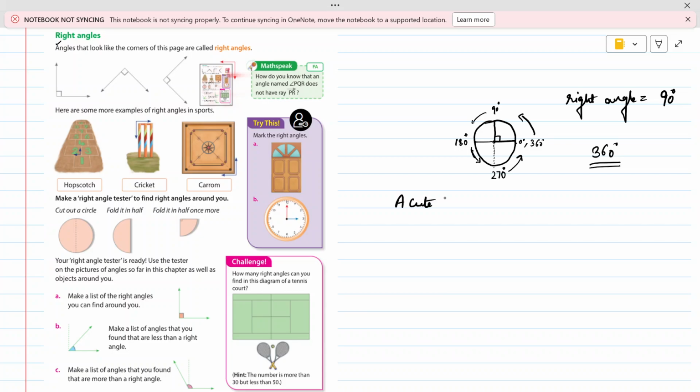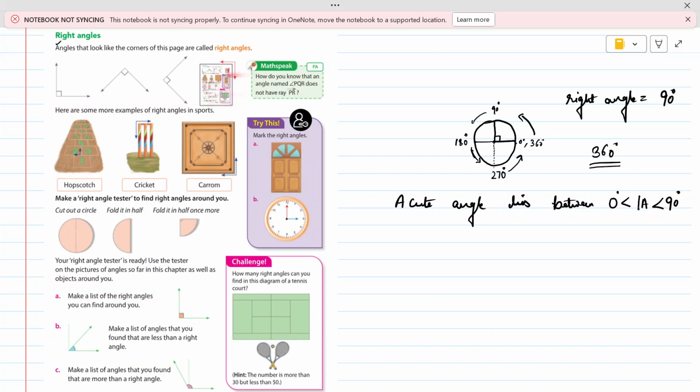We say that an angle is an acute angle if the angle lies between 0 degree and, let's say I'm writing the angle as angle A, if it lies between 0 degree and 90 degree, that means it is greater than 0 degree and it is less than 90 degree.